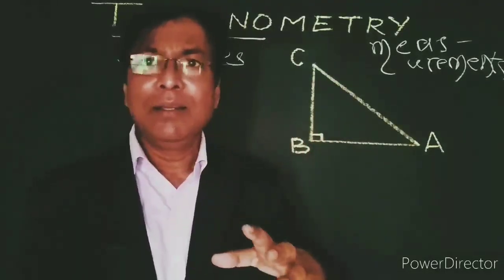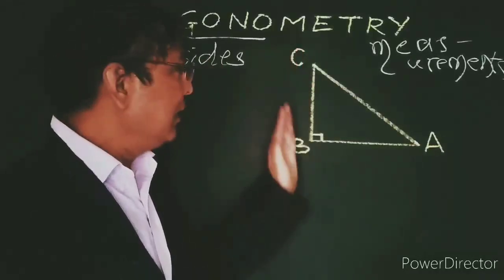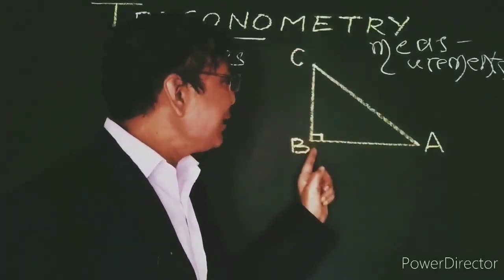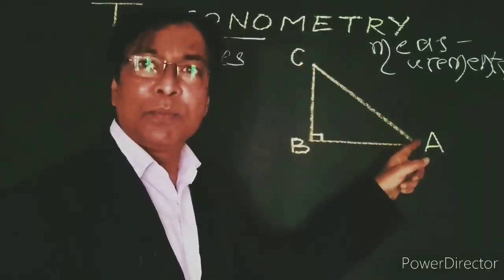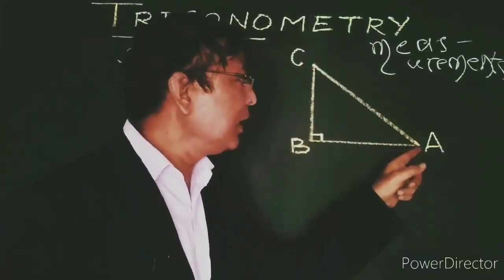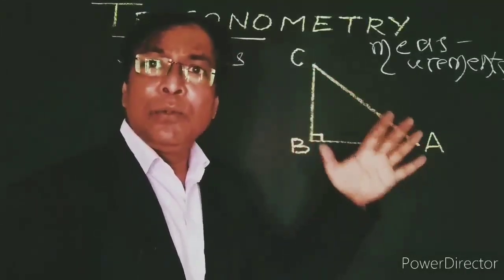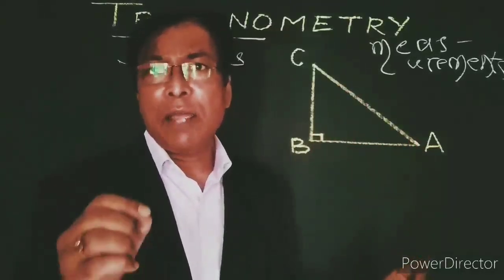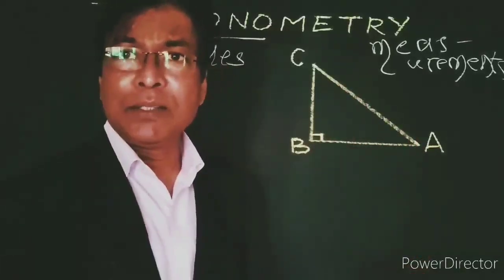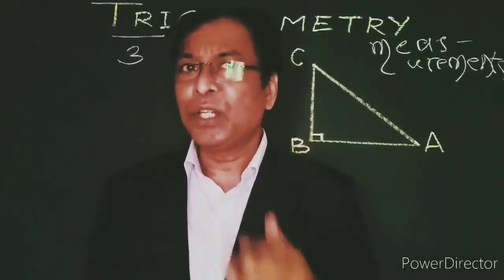Imagine that this BC is a building just on the bank of a river, and you are observing an object on the other side of the river bank. Then you will be able to find the breadth of the river without actual measuring. How you are going to do all these things, I will explain step by step.